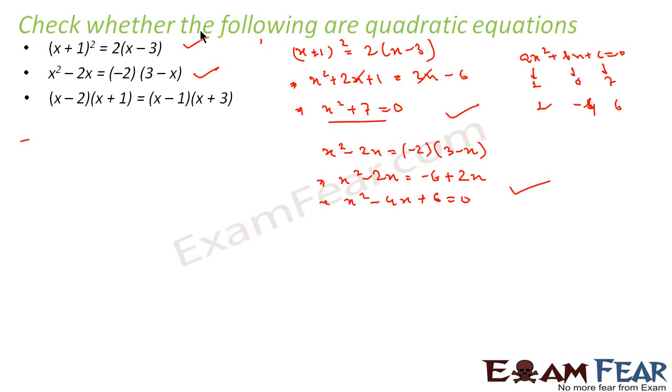(x minus 2) into (x plus 1) is equal to (x minus 1) into (x plus 3). Let's solve this.